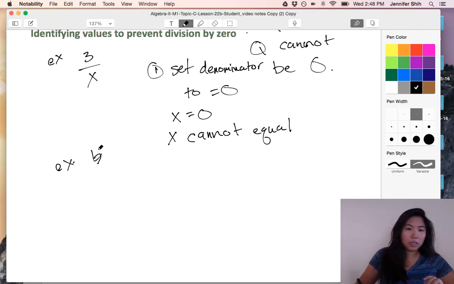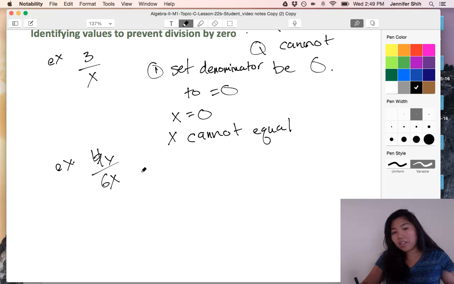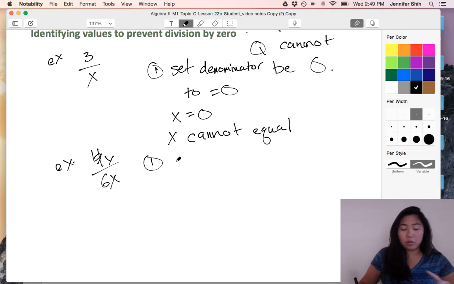So let's take another example. Let's do 4x over 6x. And immediately my first reaction is to cancel out the x's because there's an x, and we can cancel it out to 1. However, the first thing you have to do is identify the values of x that make our denominator 0. So again, your first step is to set the denominator equal to 0. So we're going to set 6x is equal to 0, divide by 6 on both sides.